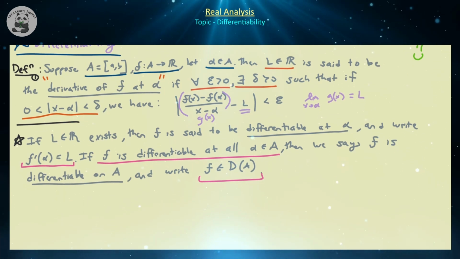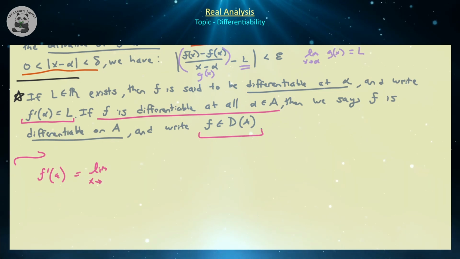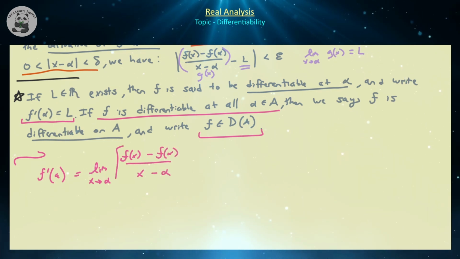From this observation that this is practically just a limit, we can give an alternative and equivalent definition of a derivative. In particular, the derivative at alpha is just the limit as x approaches alpha of f of x minus f of alpha all over x minus alpha. Right? So that's all a derivative is, provided that this limit even exists.